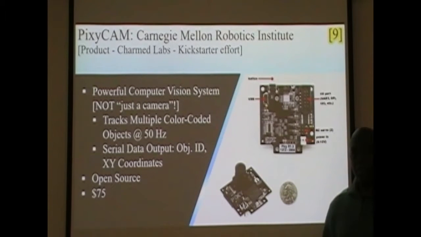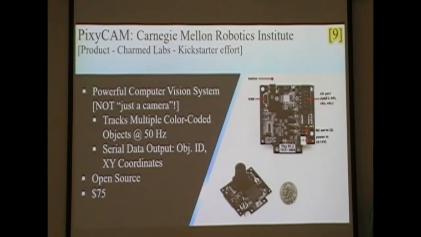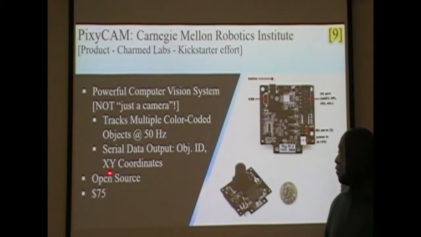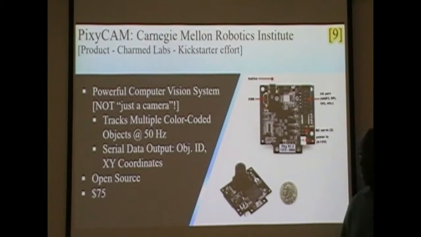Since we're going to be tracking more than one item, we're going to be tracking these three colors. We're able to track those items and use the serial data output from the camera itself to communicate with the PC. We also like it because it's an open source product and it's quite affordable. It's only about $75 for the camera itself.